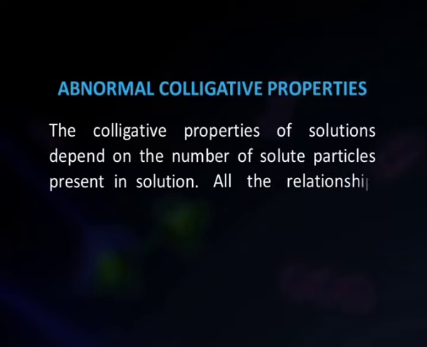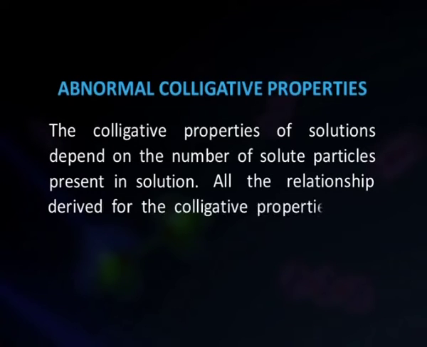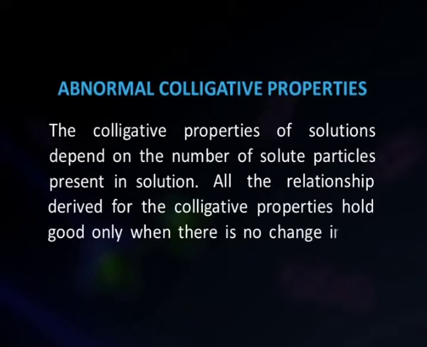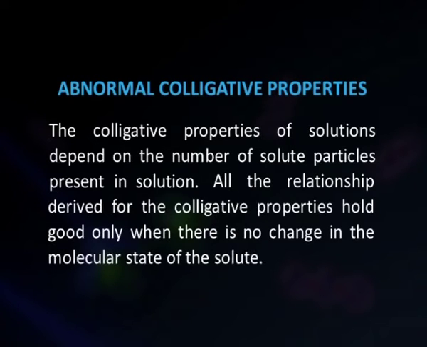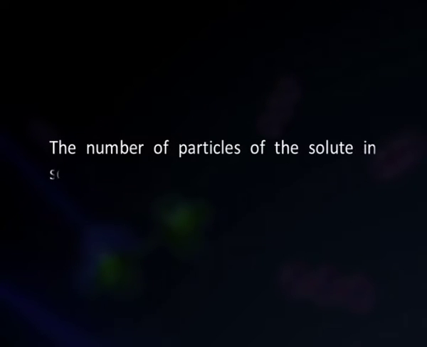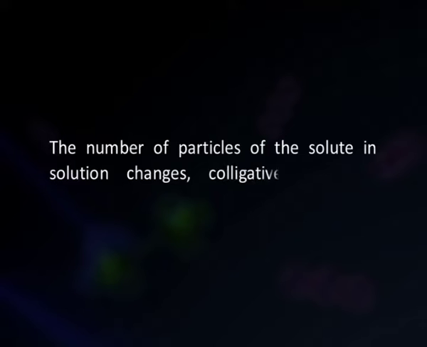Actually, the colligative properties depend upon the number of solute particles present in the solution. All the relationships derived for the colligative properties hold good only when there is no change in the molecular state of the solute. But if the number of particles of the solute in solution changes, colligative properties also change.